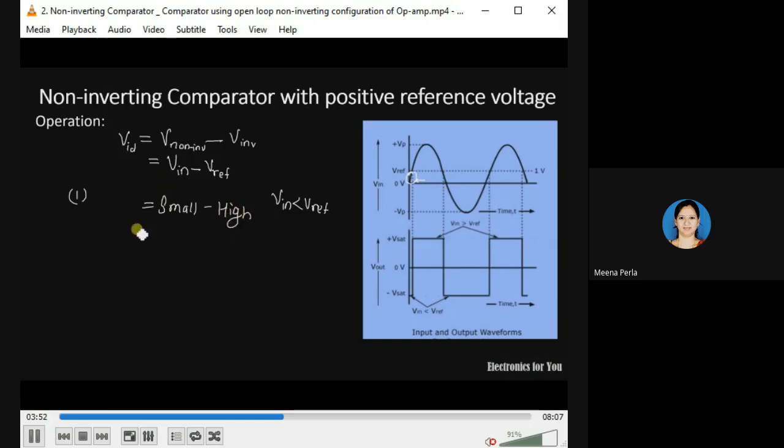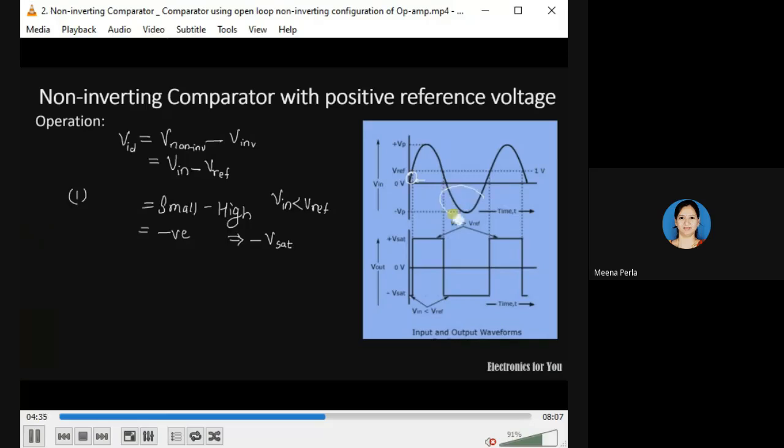A smaller value minus a higher value will result in a negative voltage. Therefore VID is negative, and the output will be negative saturation, that is minus V sat. In the waveform you can see the minus saturation voltage here, where V in is less than V reference.